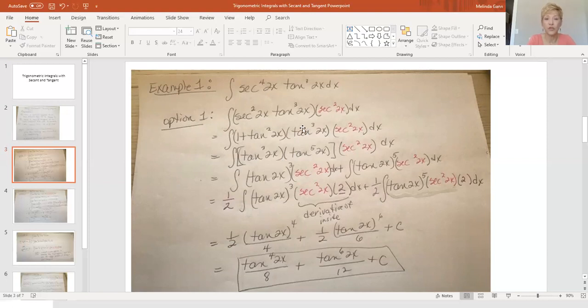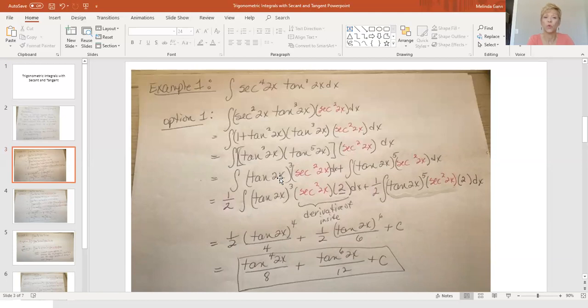Right now I can't find my notation tool to fix it, so I'm trusting you to fix that in your notes. It should say secant cubed plus tangent to the 5th times that. So secant cubed times that is what I've got right here. I'm going to integrate that plus the tangent to the 5th times the secant squared right here. But don't forget to go back and add that plus right there.